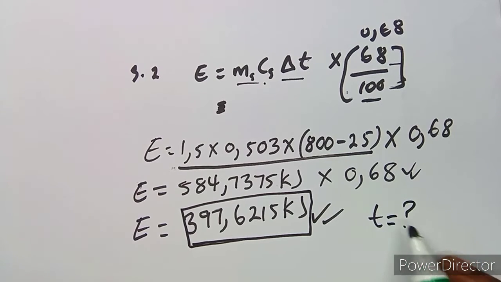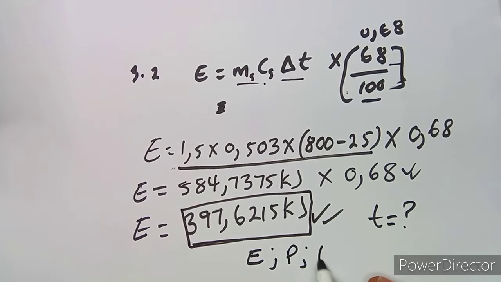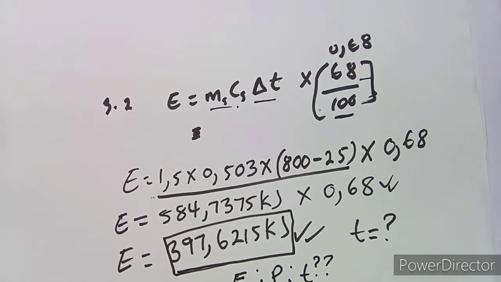We can actually determine the time. If we are given the energy and the power, and we want to calculate time, which concept or formula can we use in this case?